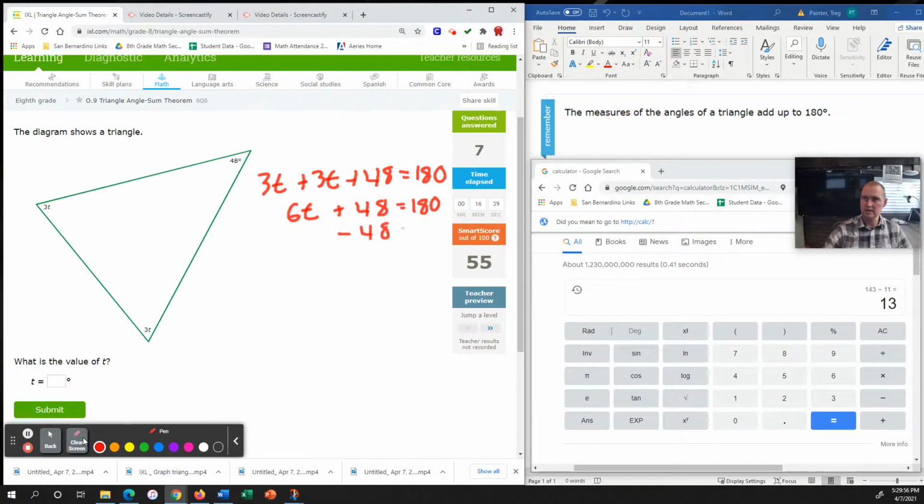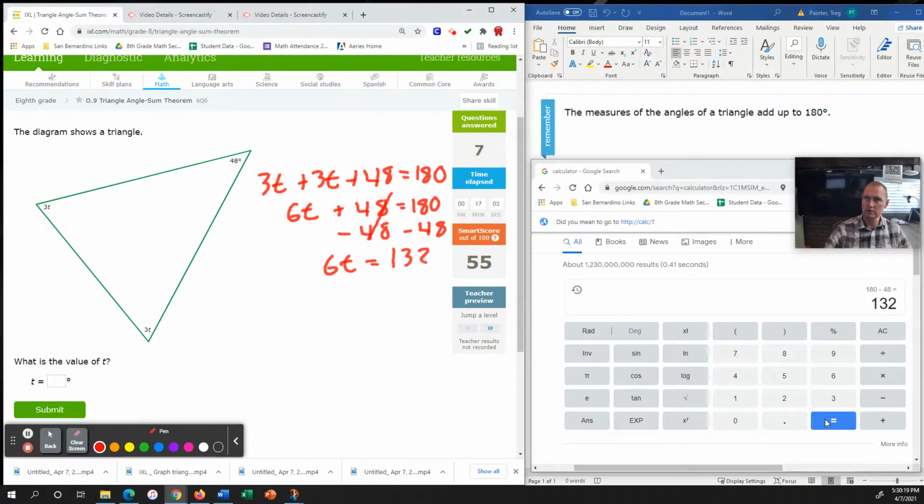Subtract 48 from both sides, minus 48 minus 48. 48s are out. So we got 6t equals, got a little math on the calculator right now, so let's go 180 minus 48 takes me to 132.